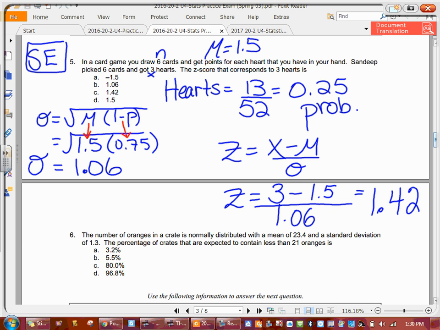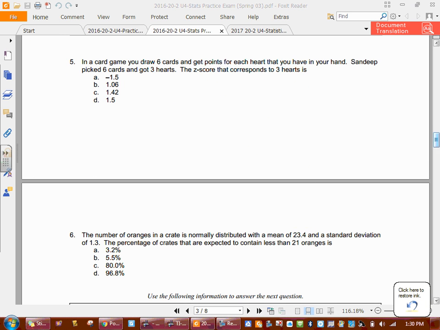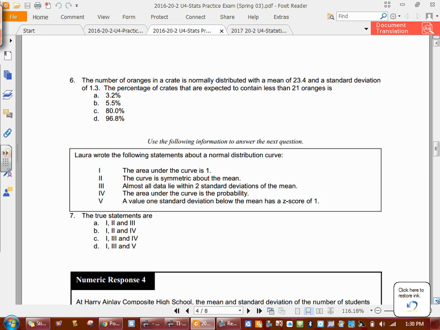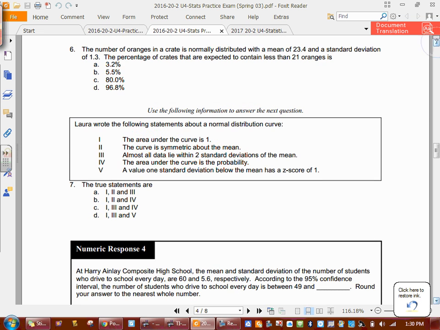All right, let's take a look at number 6. First, you need to label everything in the words. So let's label everything with our words on number 6. Number of oranges in a crate with a mean. Here's my mean. Standard deviation.